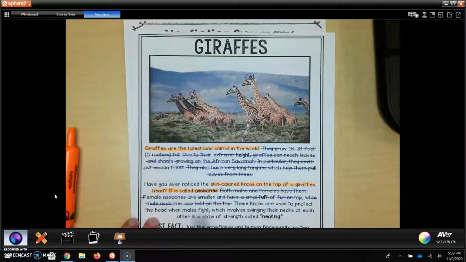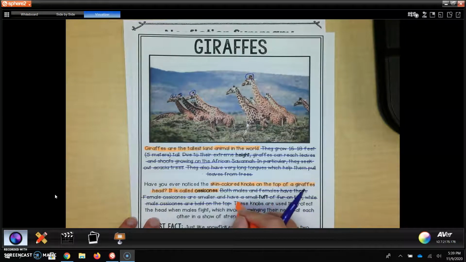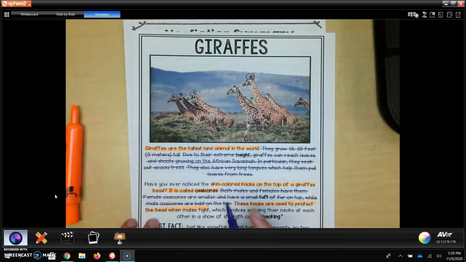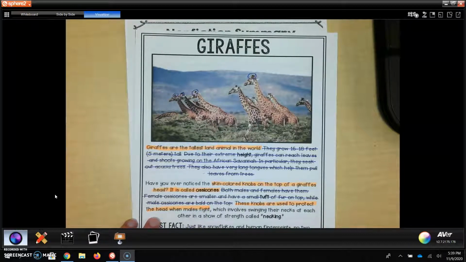These knobs are used to protect the head when males fight. So you know what's pretty interesting? I think this is a key detail because we know that they have these ossicones, but now we know why they have them. These knobs are used to protect the head when males fight.